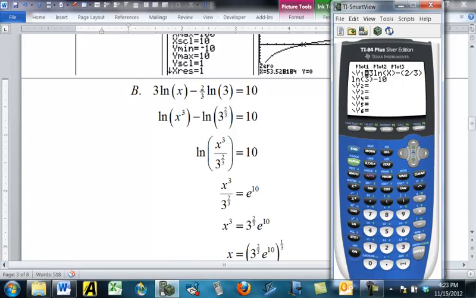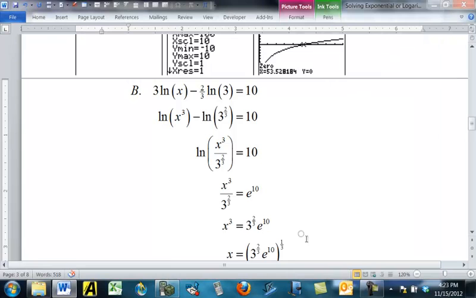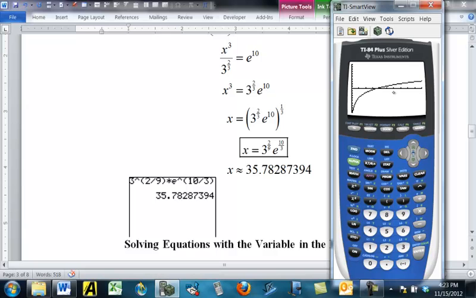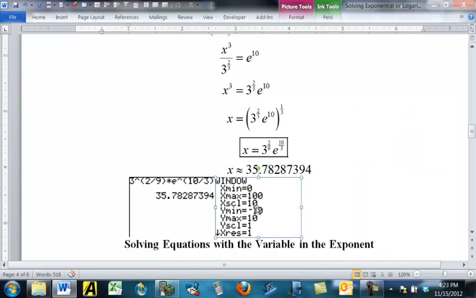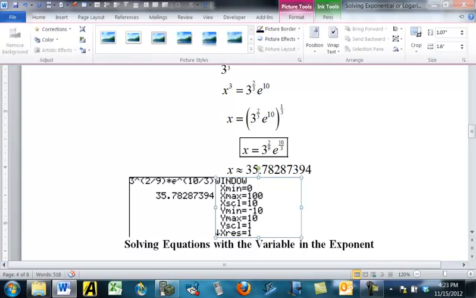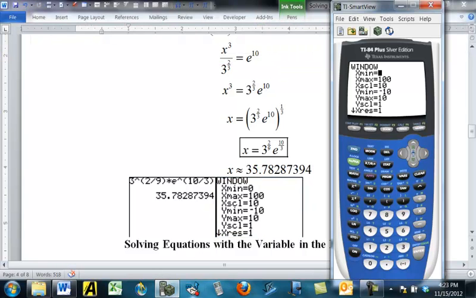So again, x can't be negative, so maybe this same window will work again. Yeah, it did. Okay, so let me pull that screen over here. And we want to calculate number 2, a root.